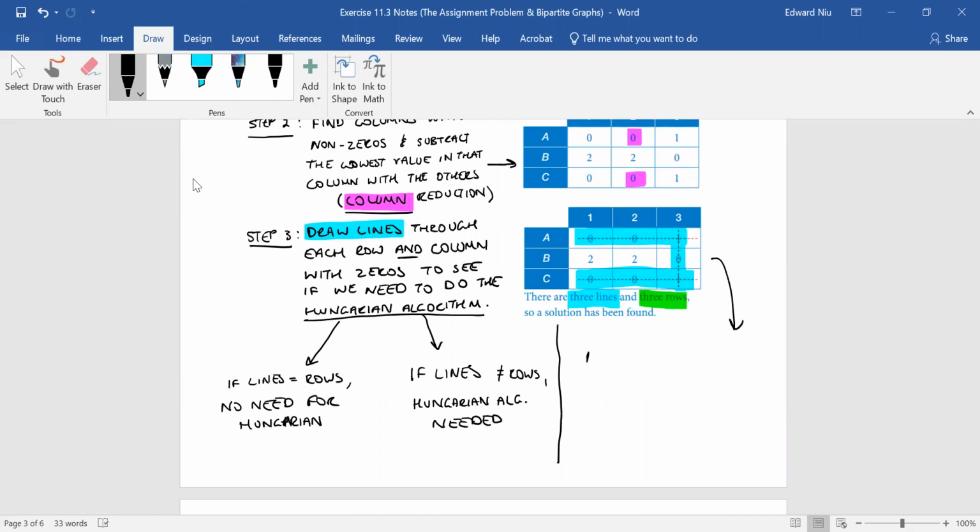okay, we've got person A, person B, person C. Anytime they have a 0, they can do that job. Job 1, job 2, job 3. So A can do 1. A can also do job 2. B can do job 3.